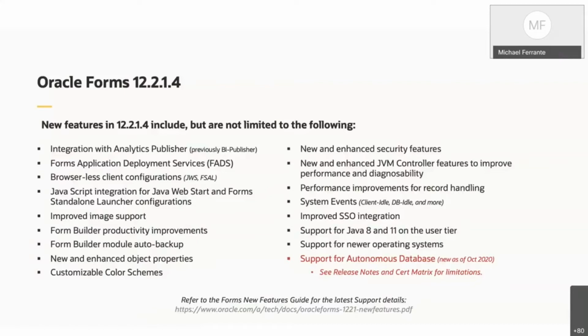Again, for those of you that follow me throughout the course of the product lifespan, you know that I've talked about this many, many times. But some of the key features I will point out here, for example, in the 12.2.1 family, we introduced integration with Analytics Publisher. The thinking behind that was to help customers migrate off of Oracle Reports onto a more modern reporting solution.